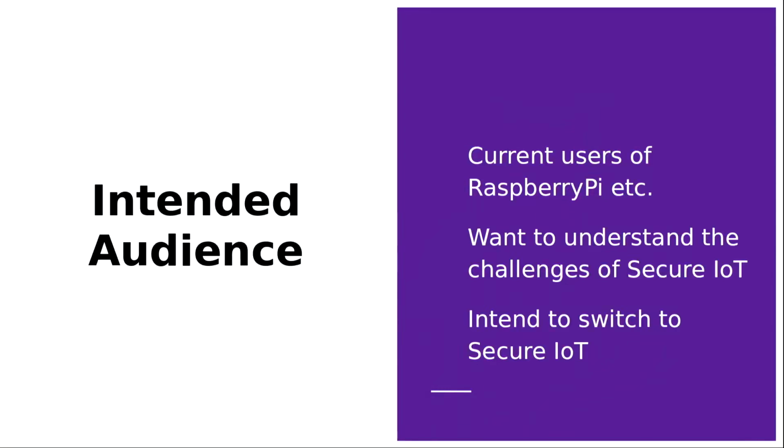The intended audience is current users of Raspberry Pi who might be interested in or thinking about how they could achieve a secure IoT system. So what's necessary to get to the next level?